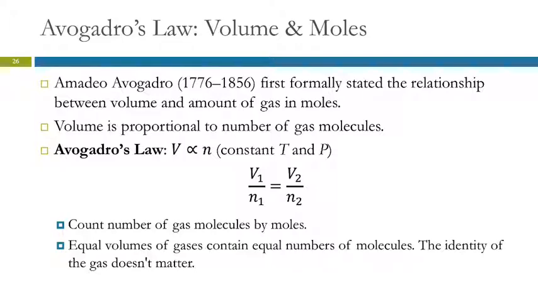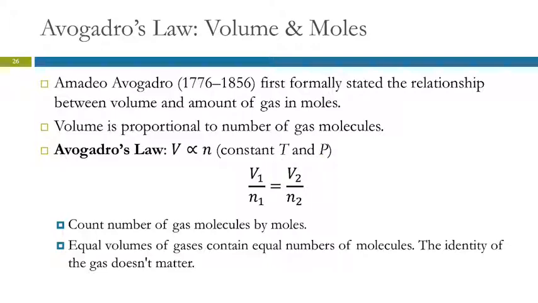It turns out that the volume of a gas is proportional to the number of gas particles, not their mass, not their size. And so this makes gases very different from liquids and solids. It's the number of particles. So Avogadro's law says that the volume of a gas is proportional to the amount of gas in moles.